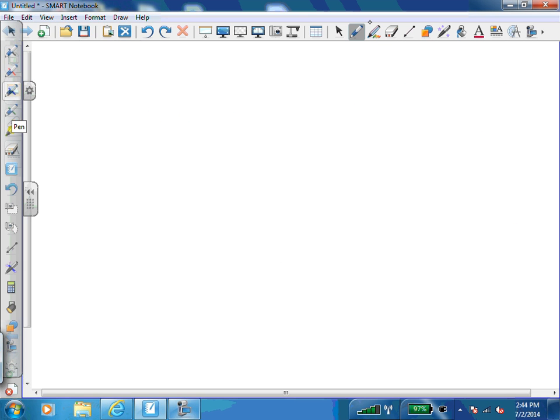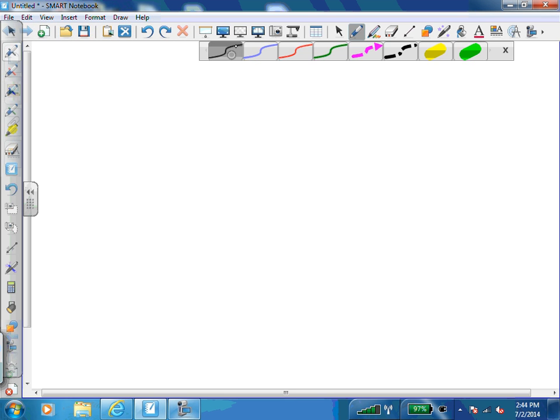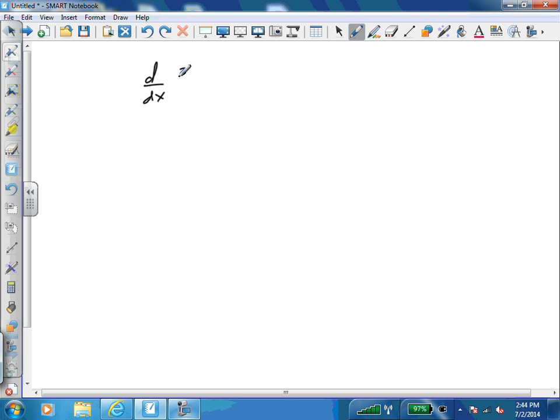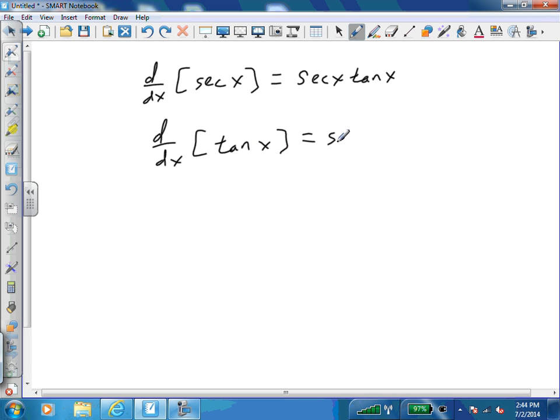Let's look at some that have secants and tangents in them. Let's see. We know that the derivative of secant is what? Yeah. And the derivative of tangent? Secant squared.